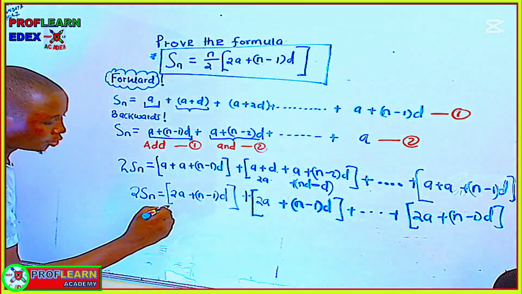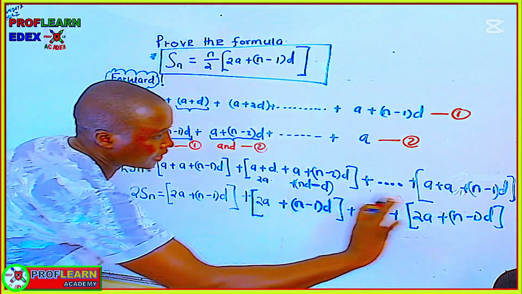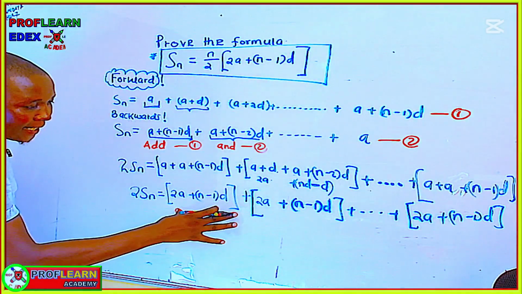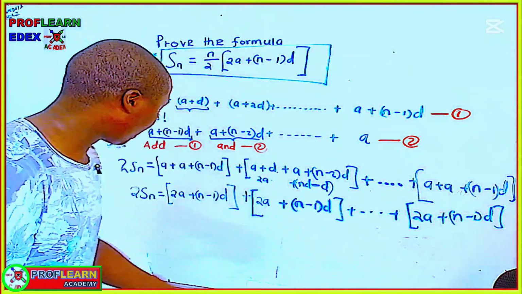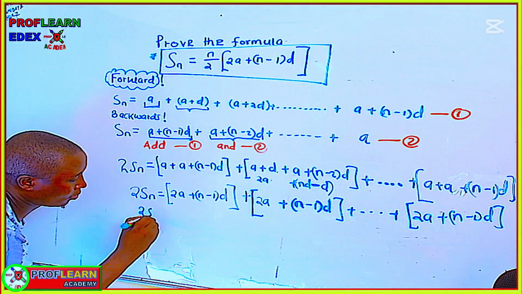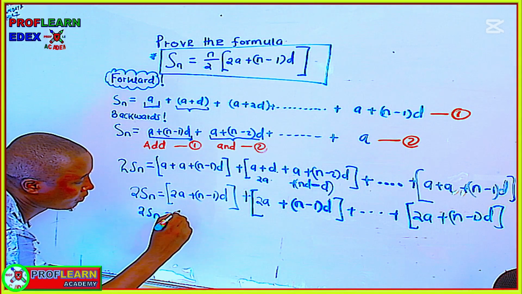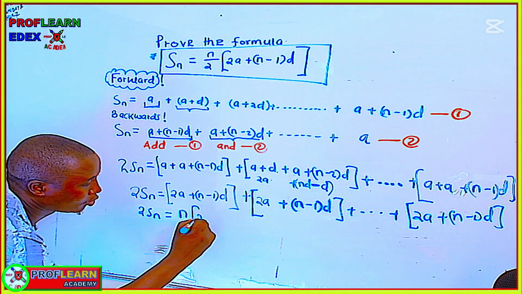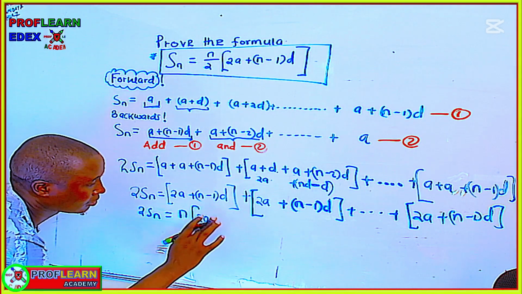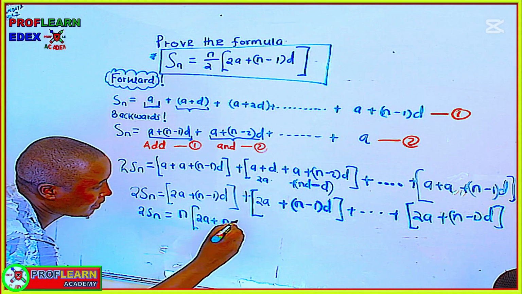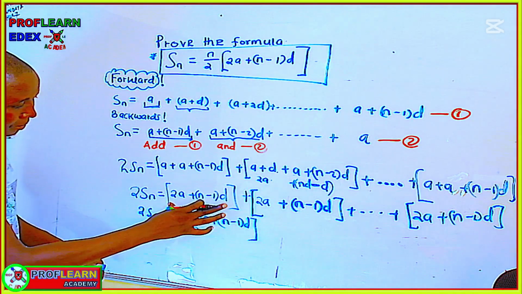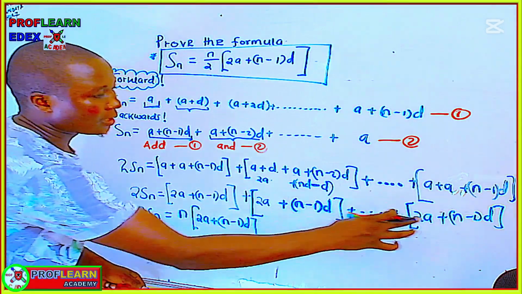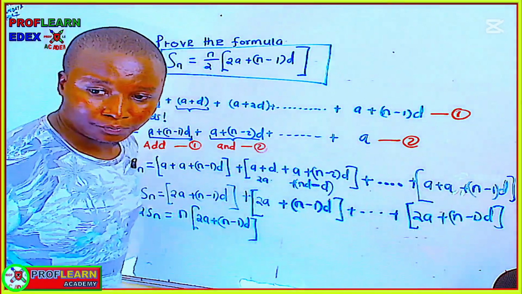So we can replace all these pairs and say one of them times n, because they will appear n times. So 2Sn is equal to n times 2a plus n minus 1 into d, because any of them will appear n times.